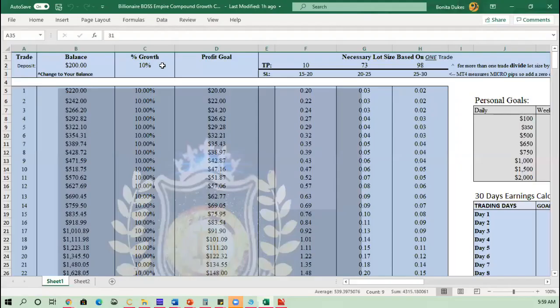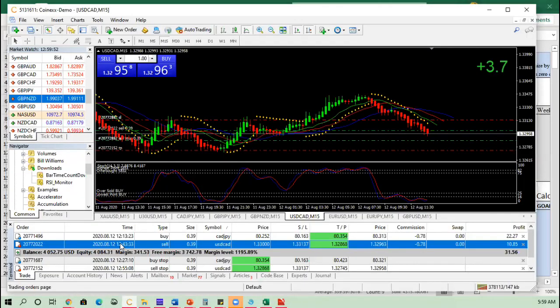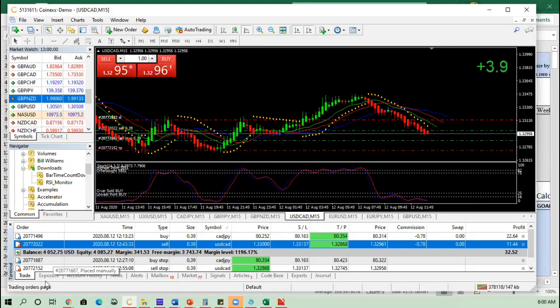If you are growing your account by 10%, what is your balance? How much do you have in your balance? So you guys can look and see. Let me move it. Okay. All right. So my account balance is a little over $4,000.